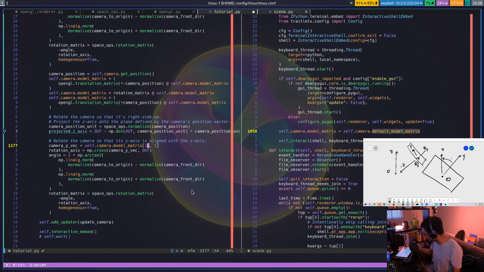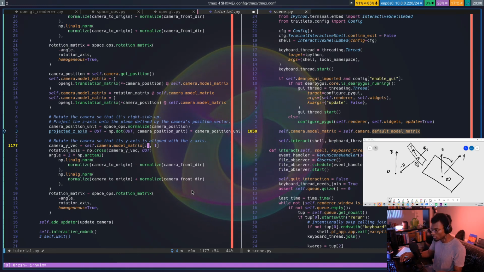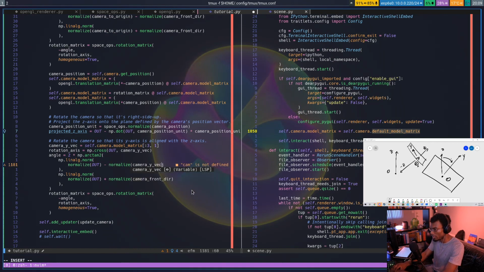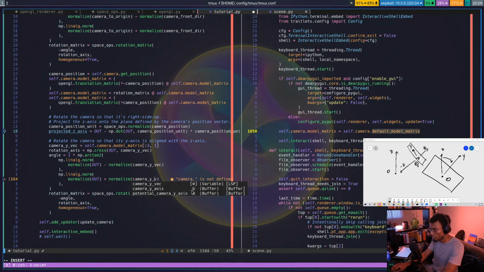Okay, that's going to define a positive direction for the angle, which is actually not what I want, I think. If I do z cross y, then this will be the positive direction. So we do that. Now I'm gonna get this angle: out, camera y vec, and the y vec.